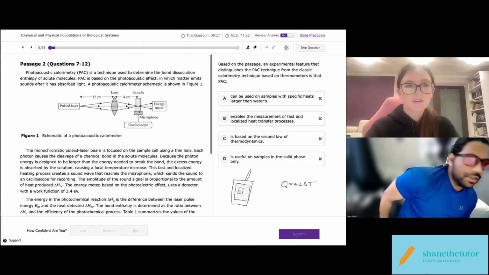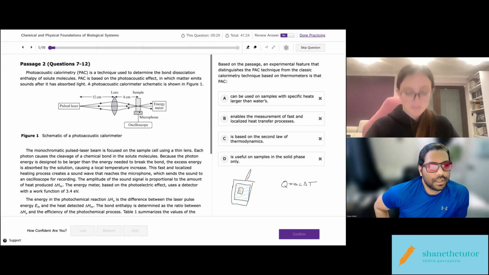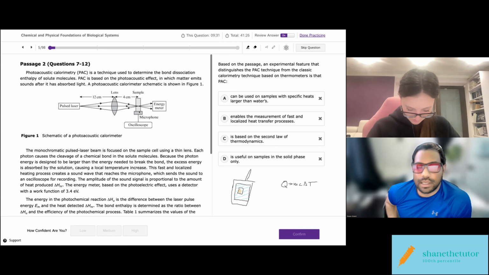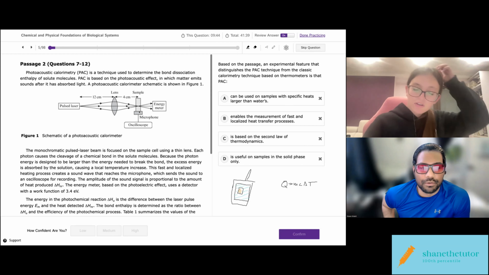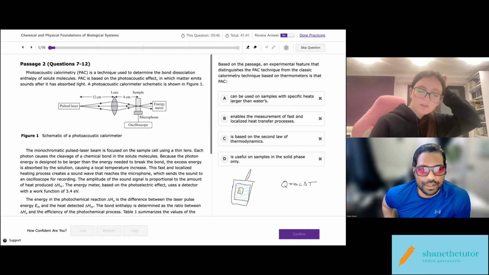So what we can do is take a look at this the way that we did, but you can continue reading, because if it's not readily apparent here, they might talk about it elsewhere.